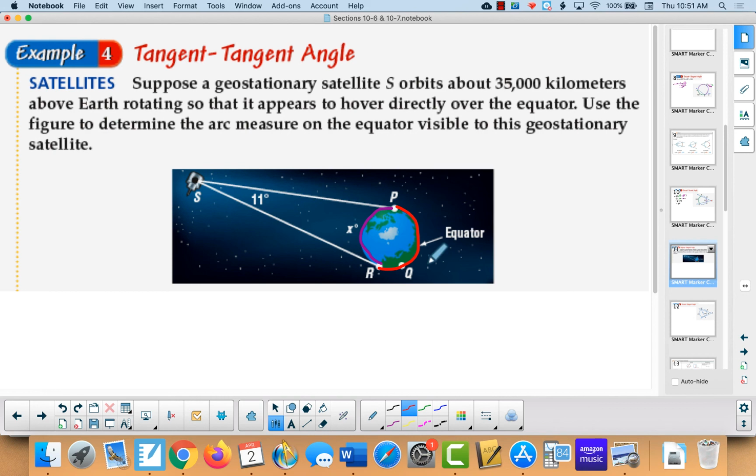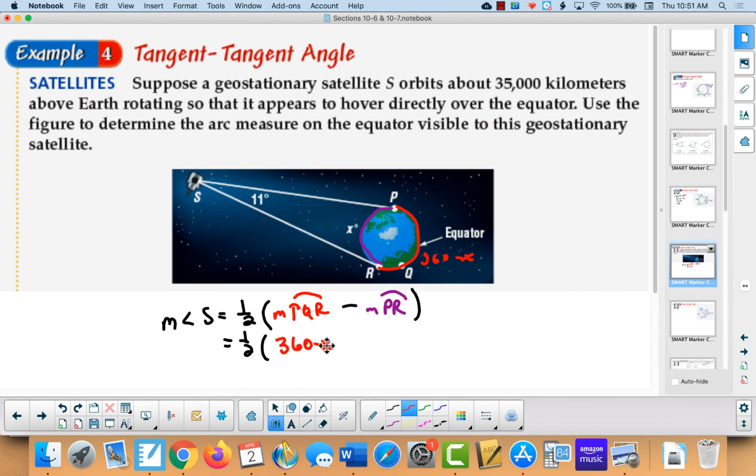Since I don't have an expression for that, I can call that 360 minus X. So now I know that the measure of angle S is equal to 1/2 the measure of arc PQR minus the measure of arc PR. PQR is my 360 minus X. PR is my X.